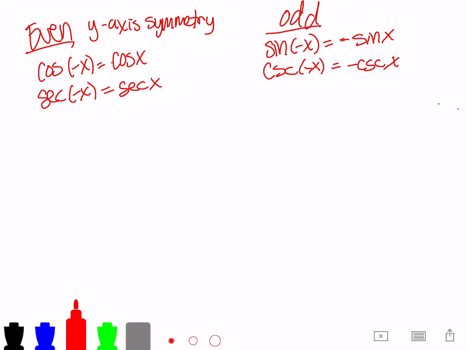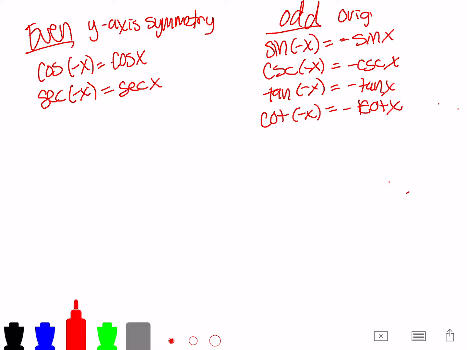And then you have tangent. And then you have cotangent. So those have origin symmetry, symmetry about the origin, or both y and x-axis.